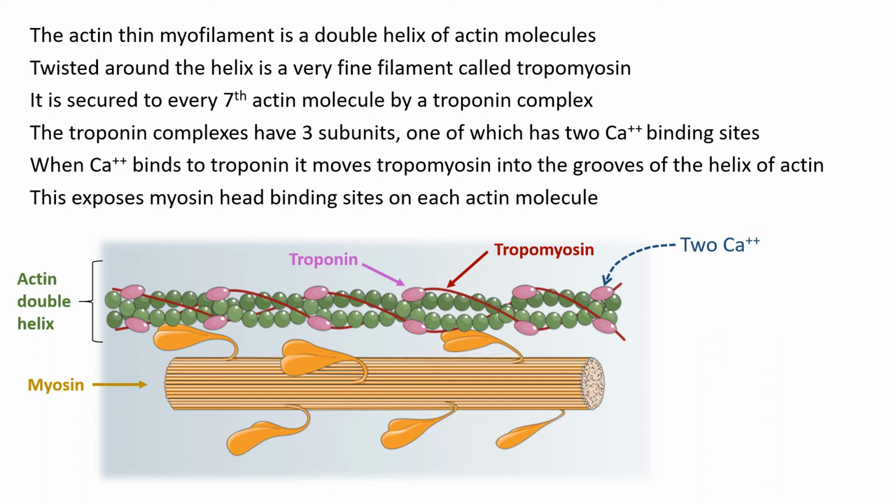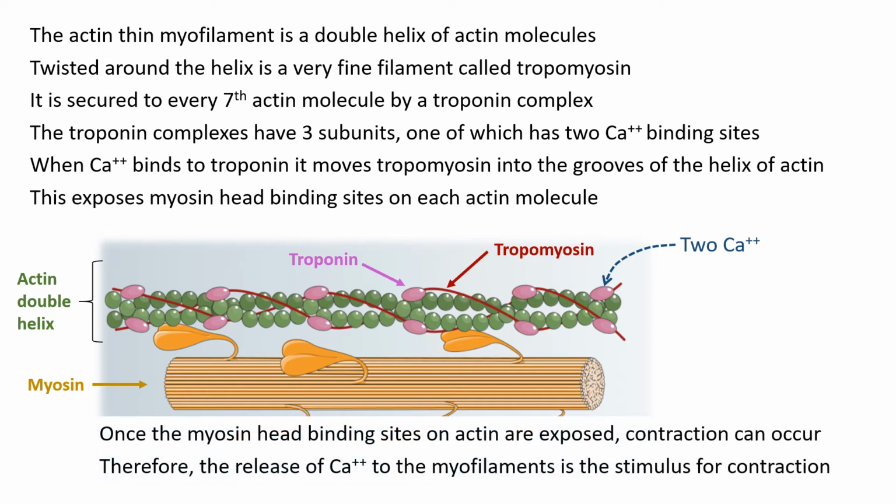When calcium binds to troponin, it moves tropomyosin into the grooves of the helix and away from those myosin head binding sites. Those binding sites, when calcium is bound, are exposed. Once they're exposed, contraction can happen.